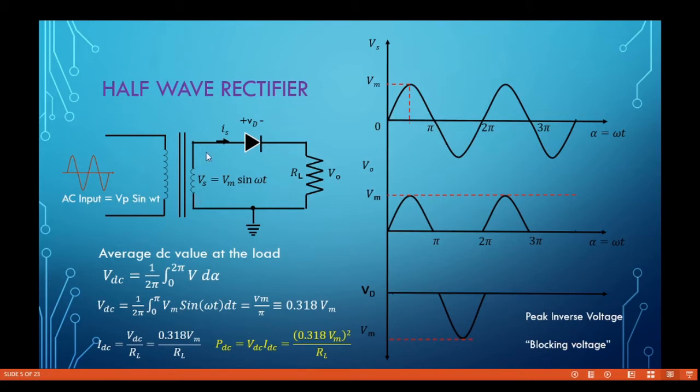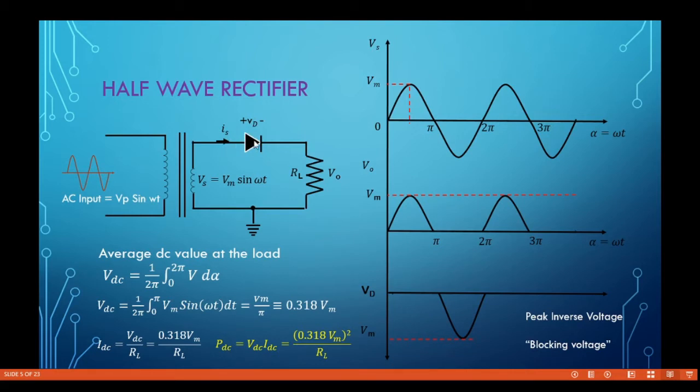The positive part of the Vs supply will switch on the diode, and the diode will move into the forward bias condition. It has a very low resistance. Since it is a very low resistance, the current will pass through the diode and it will act as a closed switch.